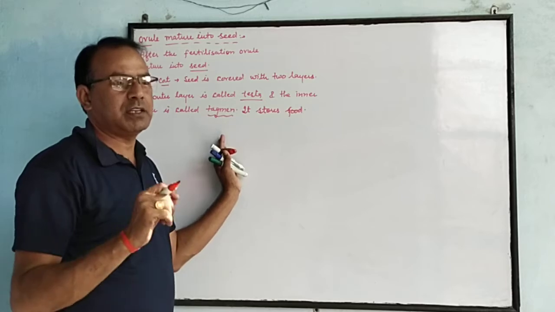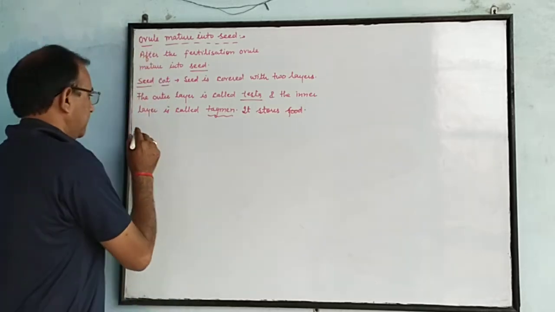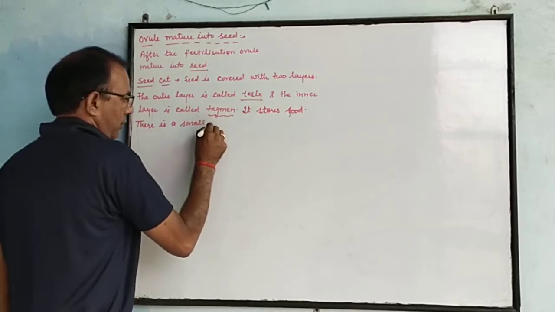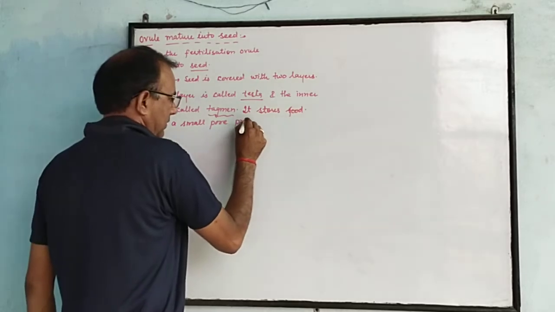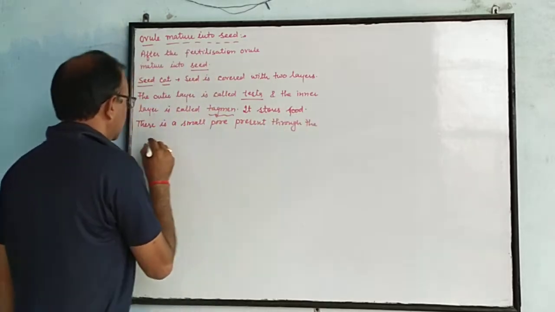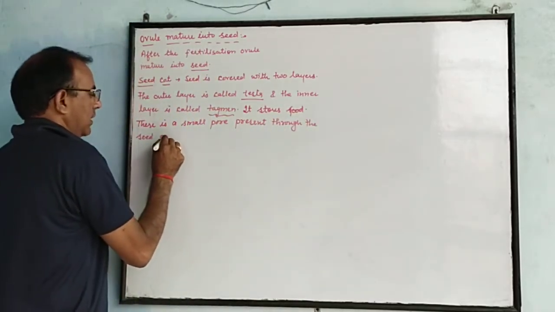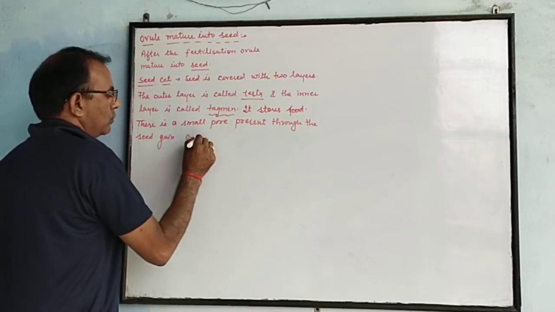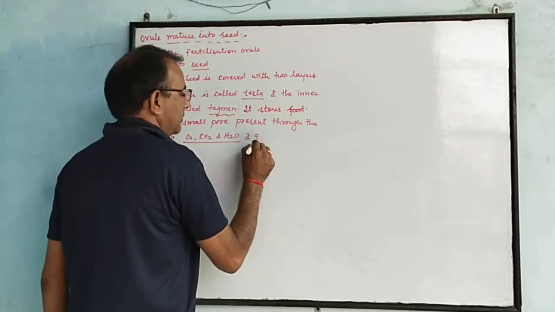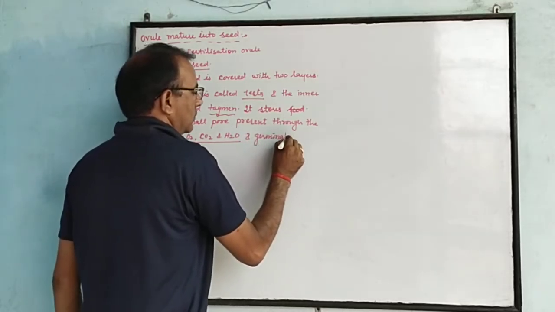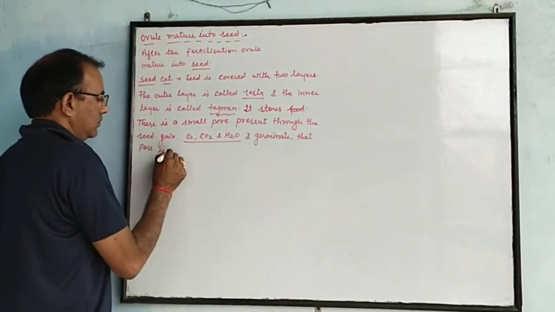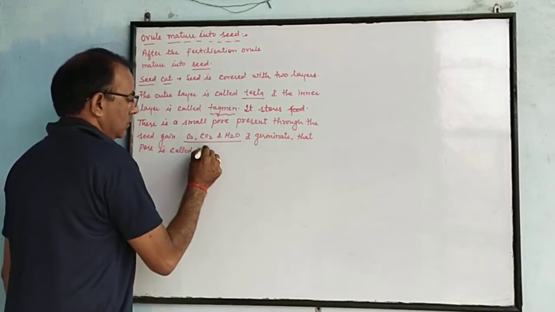Through it the seed gains O2, CO2 and water and germinates. That pore is called the germ pore.